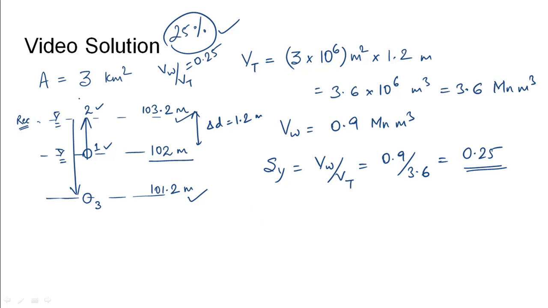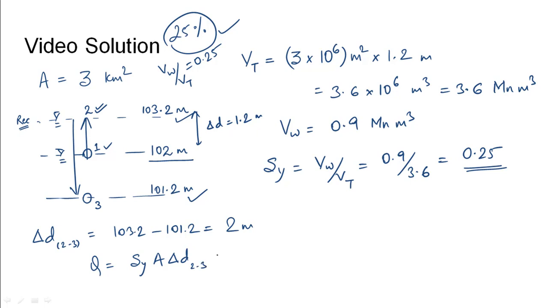So now the water level is at level 2. We do a discharge and it goes down from 2 to level 3. So in going from 2 to 3, the change of depth is 103.2 minus 101.2, that is 2 meters. So the discharge will be Sy into area of the aquifer into change of depth in 2 to 3.